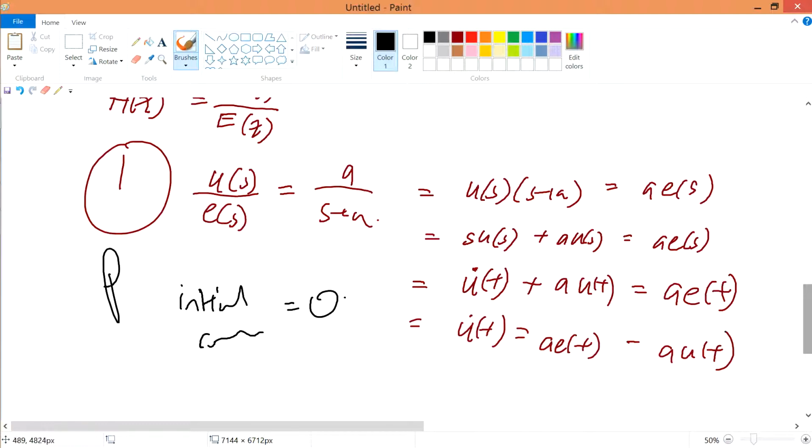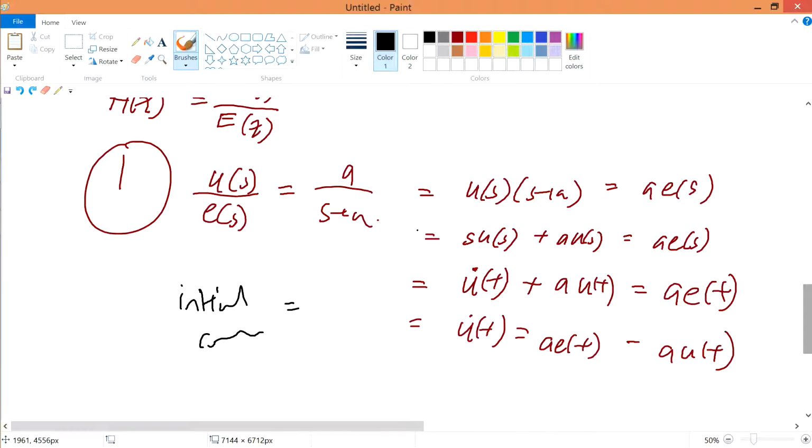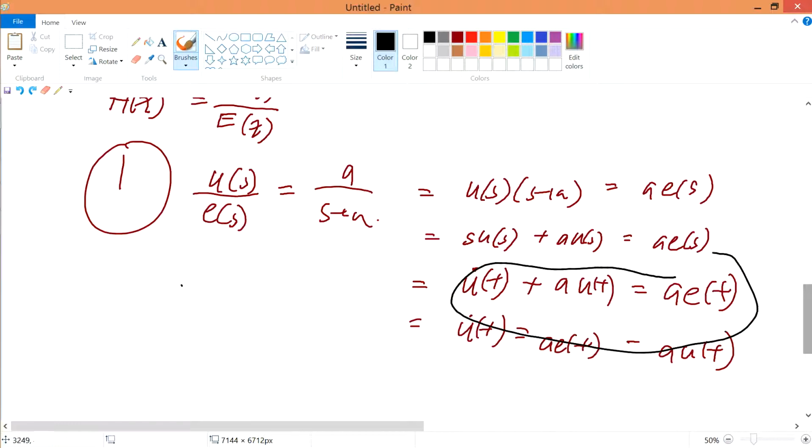In our whole course we are talking about partial control, so we deal with initial conditions as 0 to simplify things quite a lot. Therefore S U of S is equal to U dot of t, where U of S is U of t and E of S is E of t, just the inverse Laplace into the time domain.